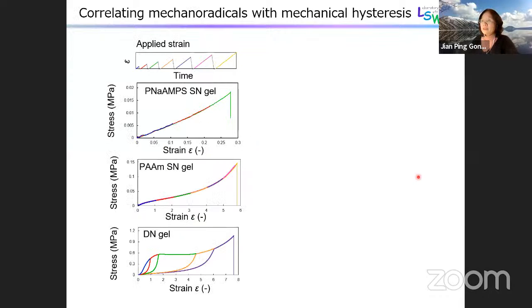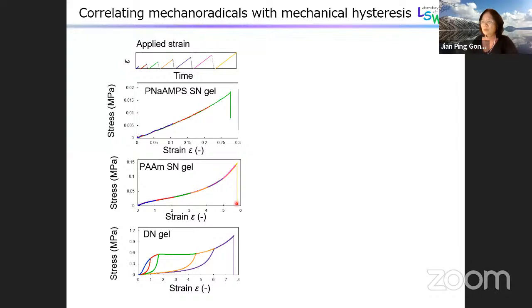And here are the examples showing the single network, first network, second network, and the double network. You can see the first network itself is very, very brittle, so the strain on the horizontal axis is very small for the sample to fail. And the second network is quite stretchable.